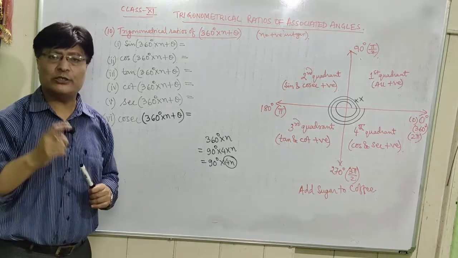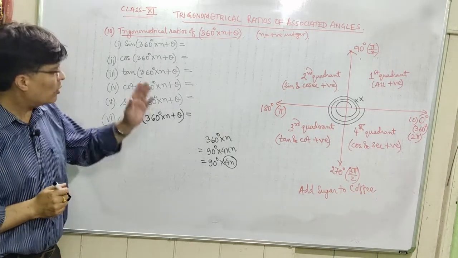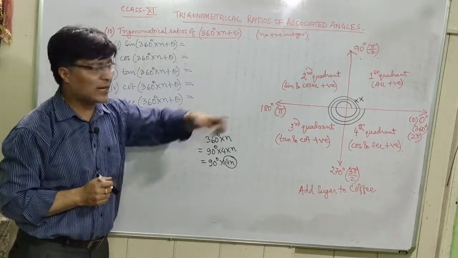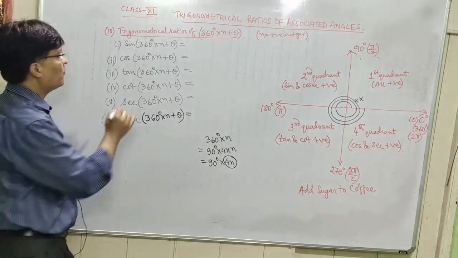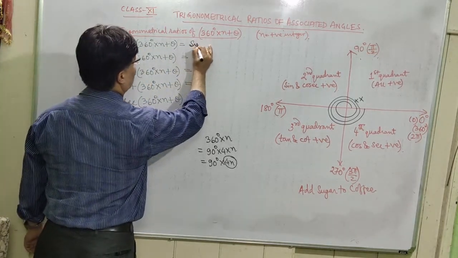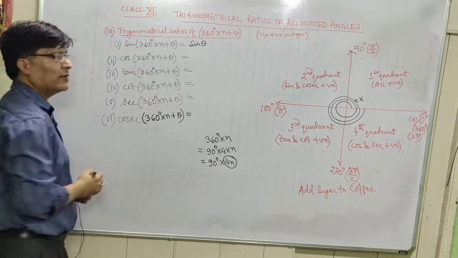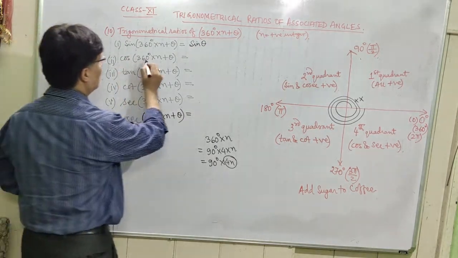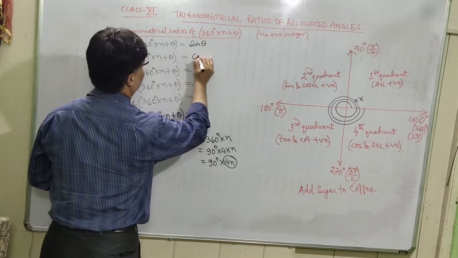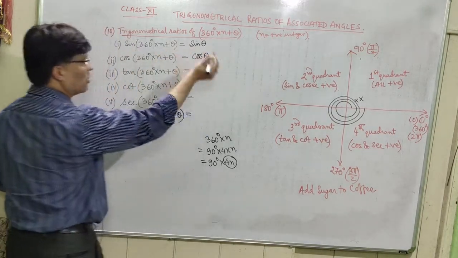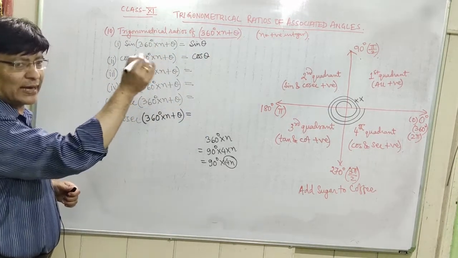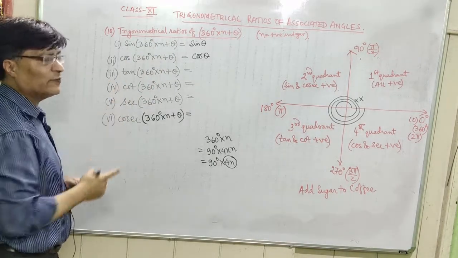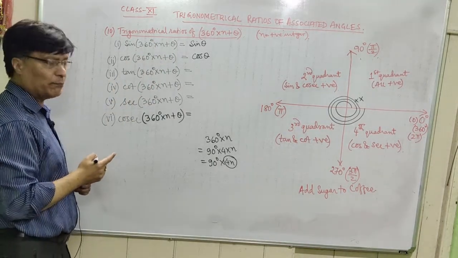So trigonometrical ratios do not change. And also you know that this angle always lies in the first quadrant. So what is the formula? This will be sine theta, since it is an even multiple of 90 degree, so trigonometrical ratios do not change. What is cos 360 into n plus theta? This is cos theta, because the angle lies in the first quadrant, and in the first quadrant all the trigonometrical ratios are positive.